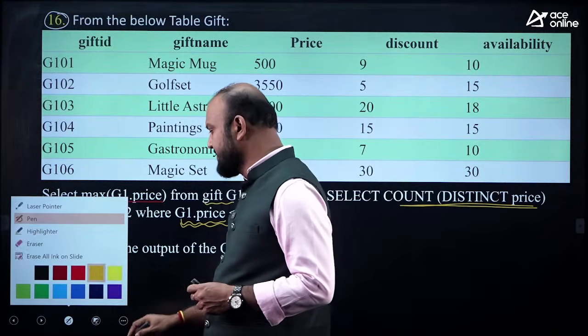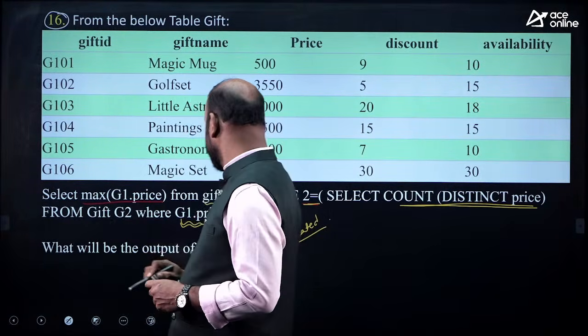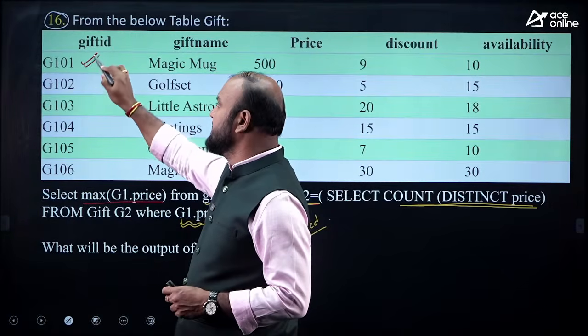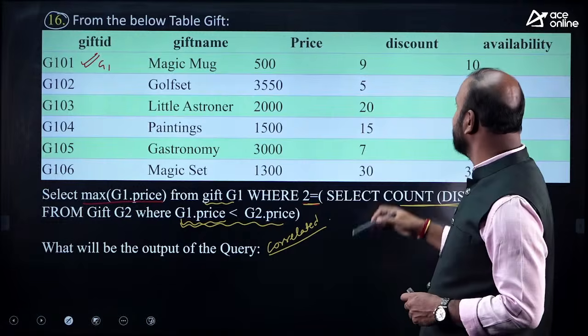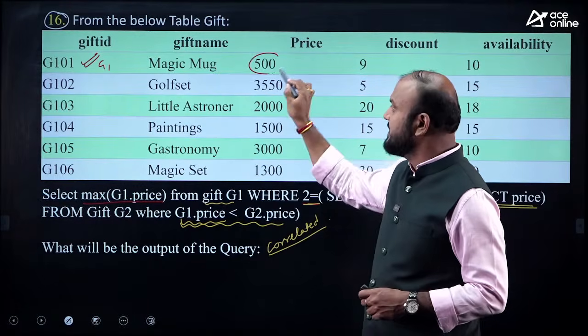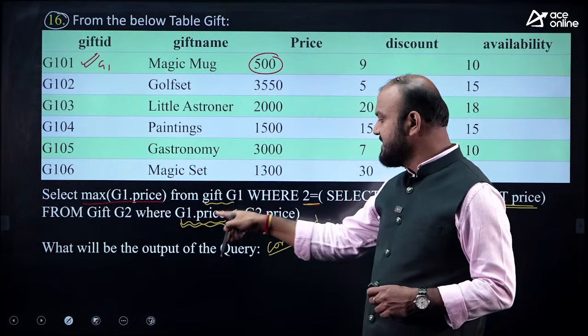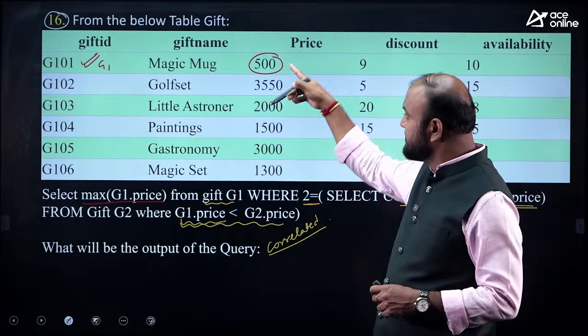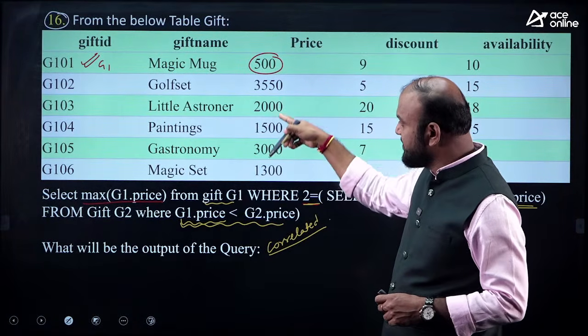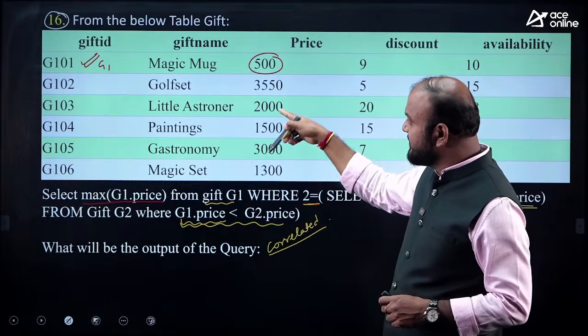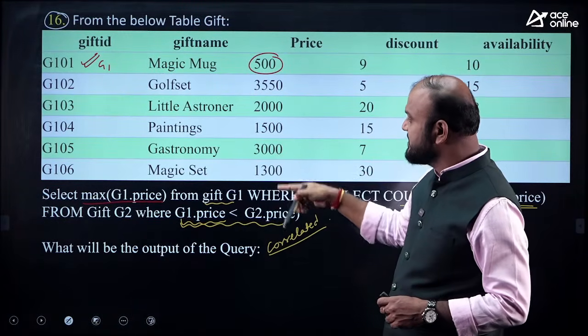Check for the first gift. I'm assuming this one is G1. What is the price of G1? The price of G1 is 500. That 500 is less than G2 price, so is 500 less than the remaining prices: 3550, 2000, 1500, 3000, 1300?